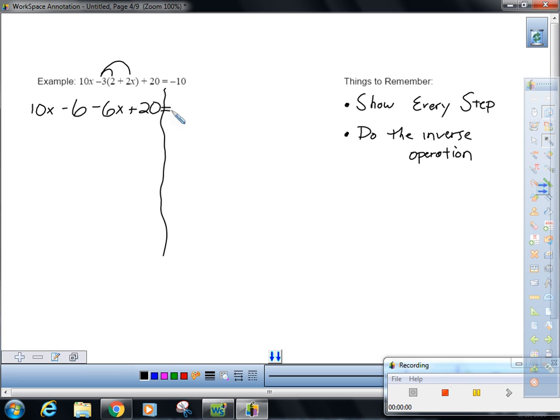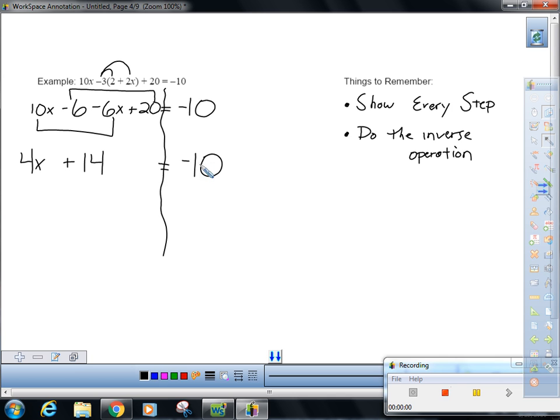I draw that line so I keep my equals on it, equals a negative 10, okay? Combine like terms. These are like terms, that gives you 4x, and a negative 6 and a positive 20 give you a positive 14. Leave my equal sign right where it is, okay?